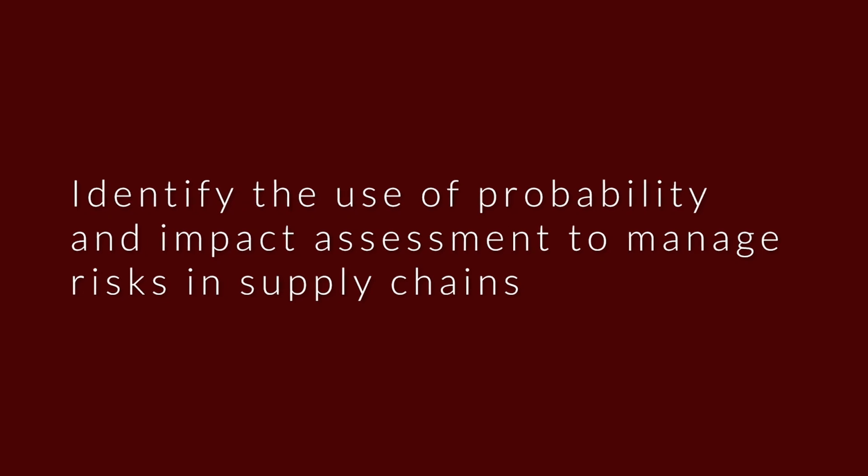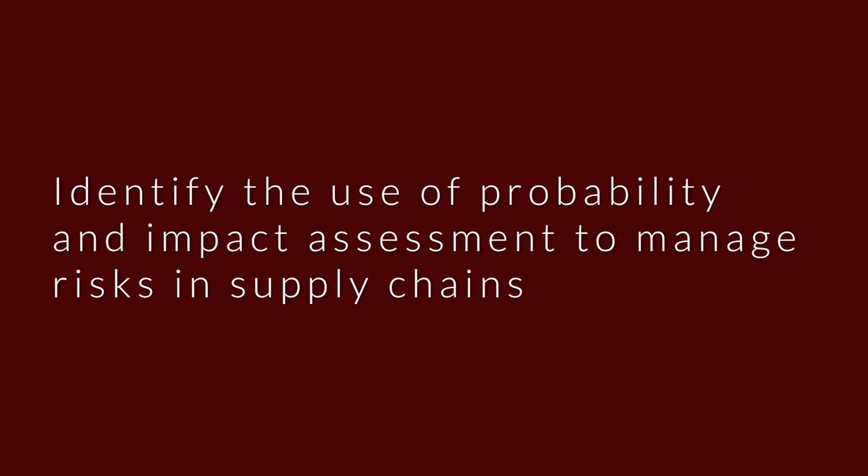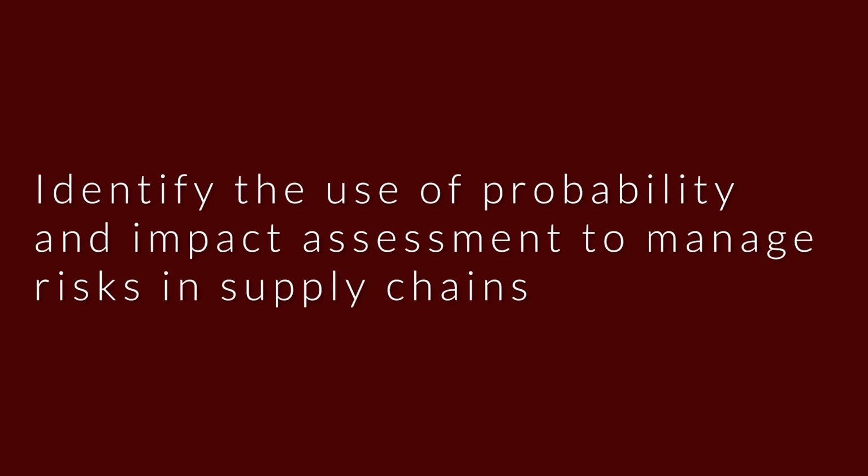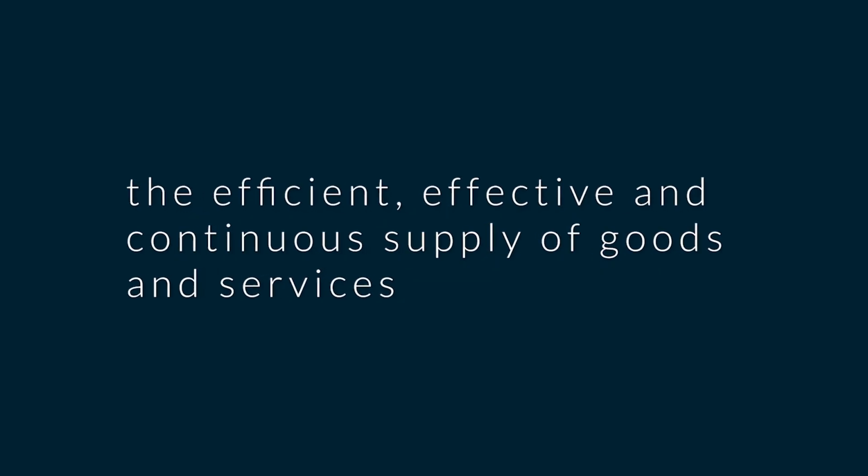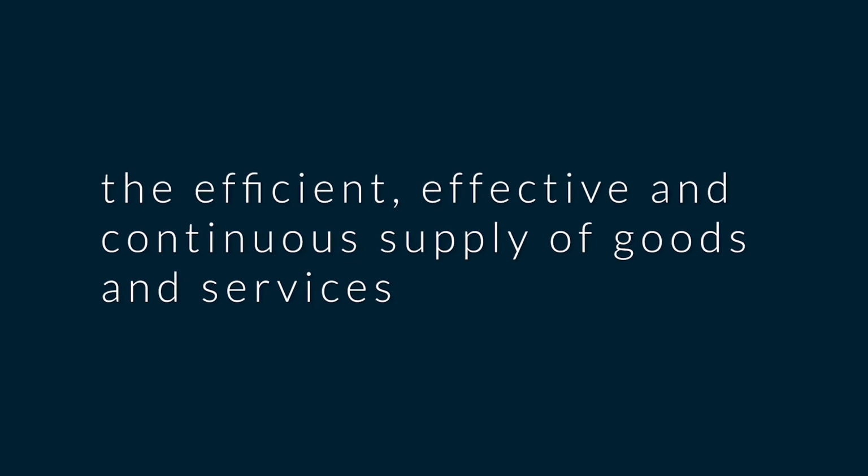Now let's start with identifying the use of probability and impact assessment to manage risks in supply chain. Supply chain management enables you to plan better for efficient, effective, and continuous supply of goods and services.